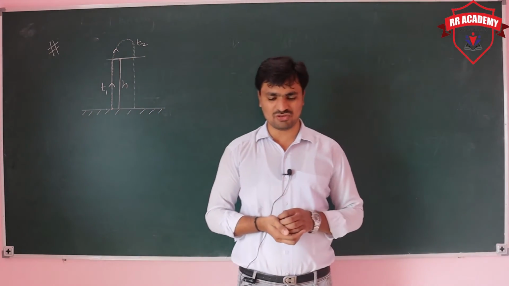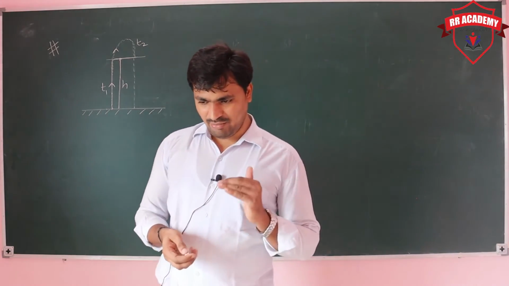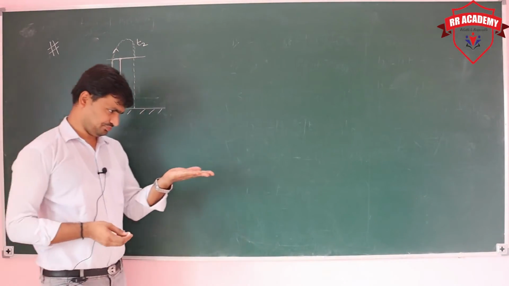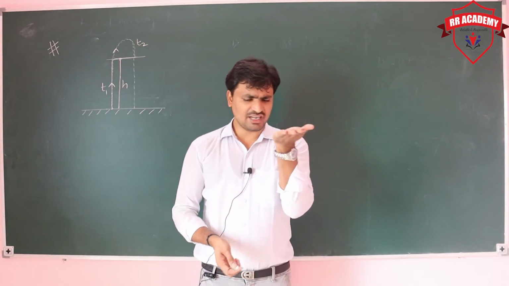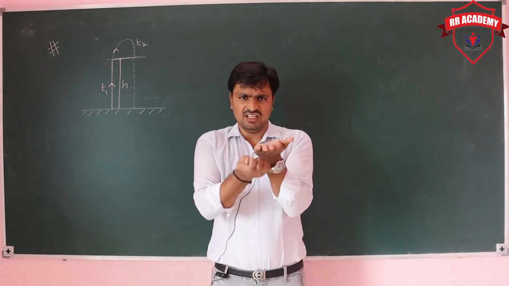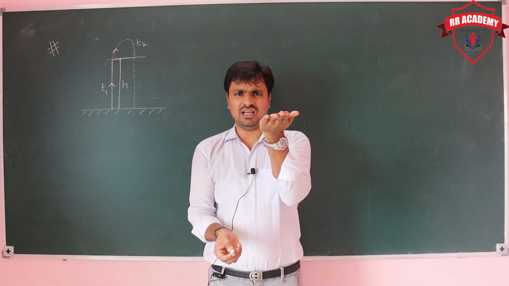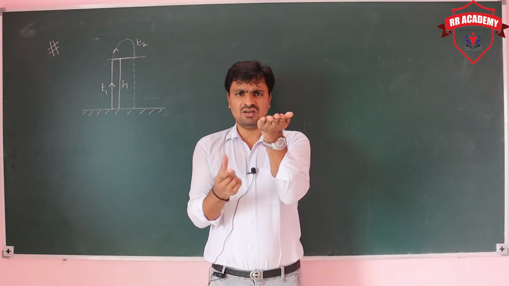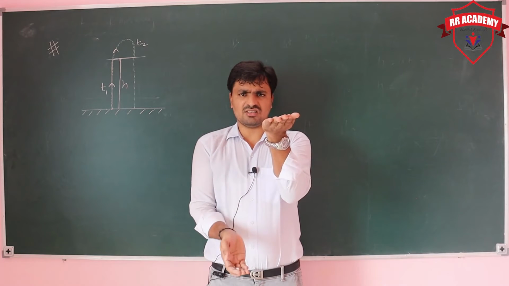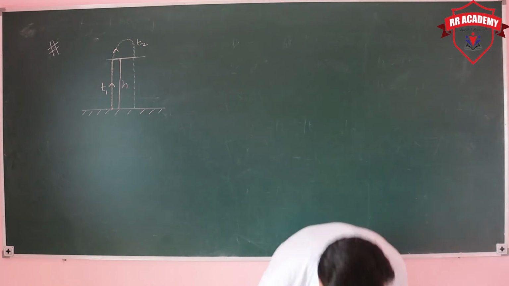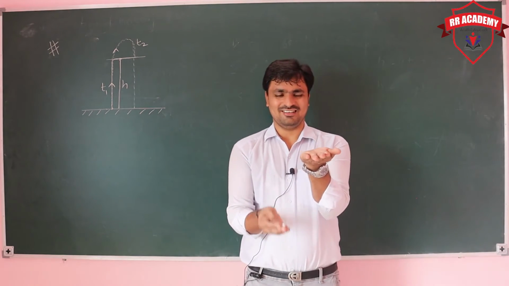Once again see the question. A body is projected from the ground. For example, you can see here, from some point I am projecting the body upwards. See the situation. Which crosses two times.